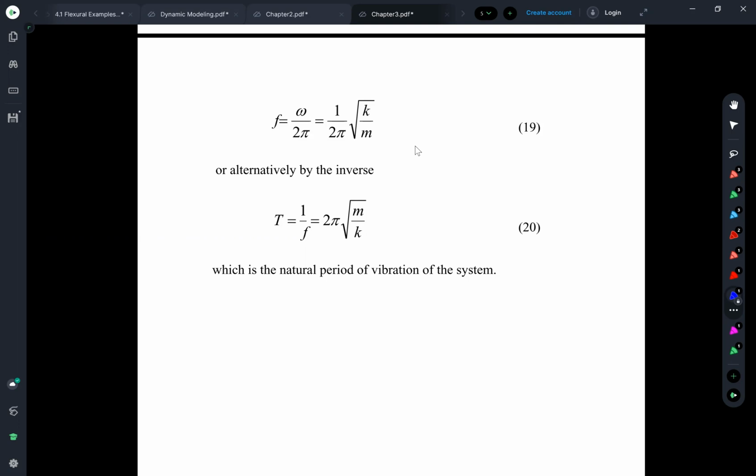For example, in Bangkok, they call this a response spectrum. The spectrum of the SA, I'm talking about the earthquake loading. The curve is something like this.